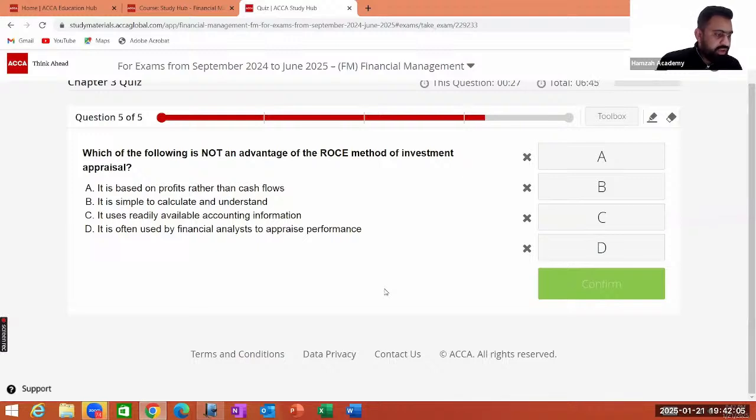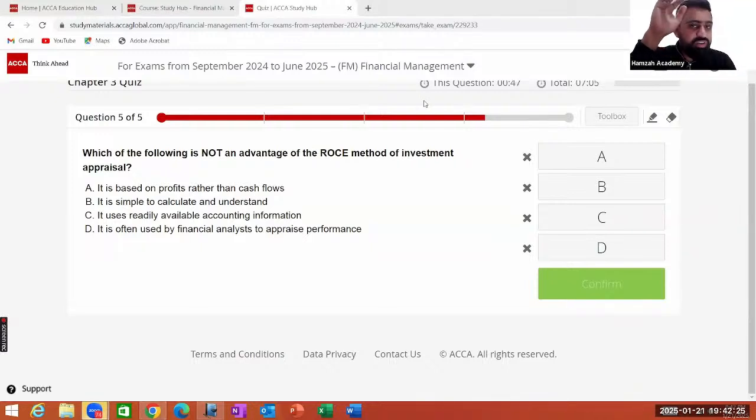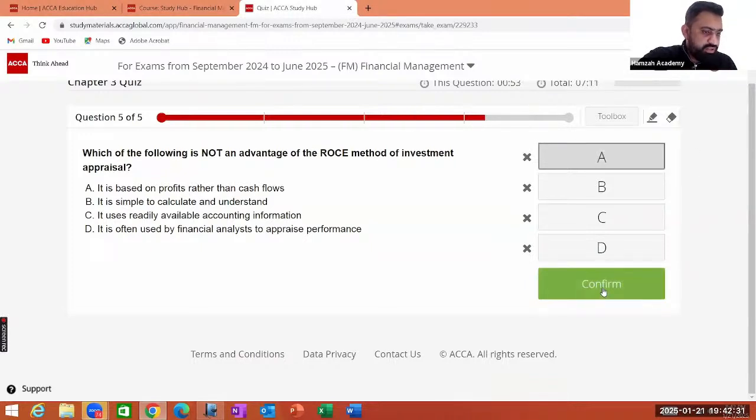It is often used by financial analysts to appraise performance. So, which of the following is not an advantage? Yes, option A is the answer. To be based on profit is not the advantage. It is basically a disadvantage. So, option A.